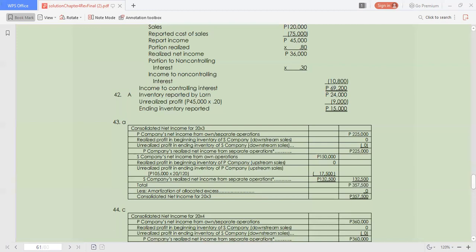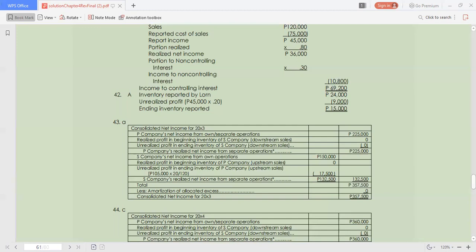So the net income of P company from separate operations is 225,000. Then S company's net income from own operations initially is 150,000 and realized profit in the beginning inventory with an upstream sale is 0 because no purchases were made by P company prior to 20x3.